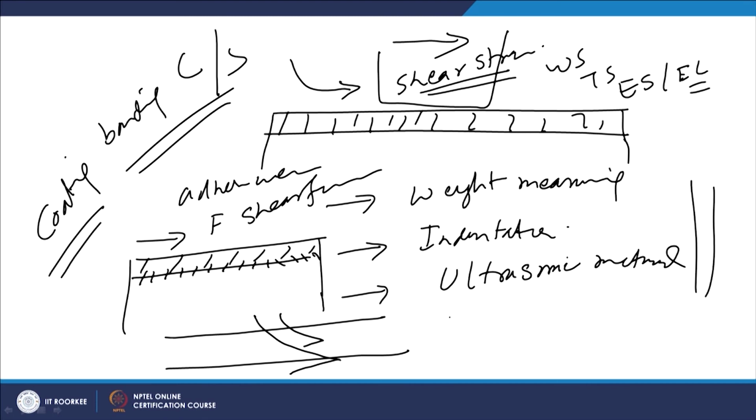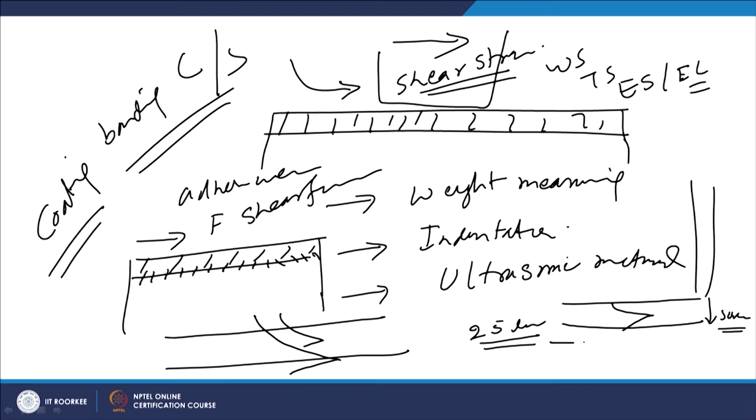For example, if the maximum shear stress is occurring at 25 micrometer below the surface, then it will be appropriate to have a coating of 50 micrometer, so that the maximum will be occurring within the coating itself.